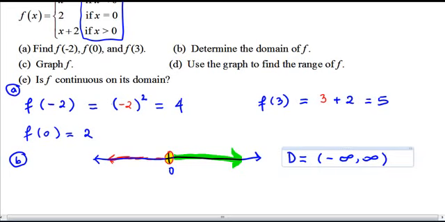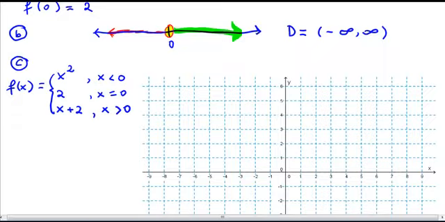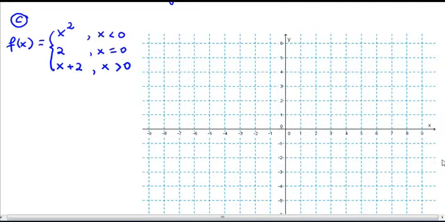Let's look at C and D. To know the range of f, it is easy to look at the graph. So let's graph part C and then answer part D together. I just copy the problem down, and here is my graph paper to help me graph the function.